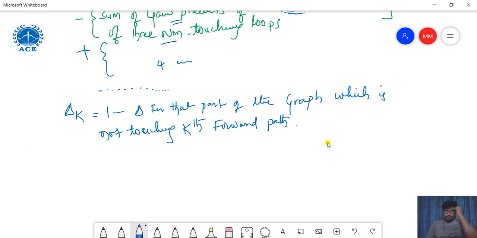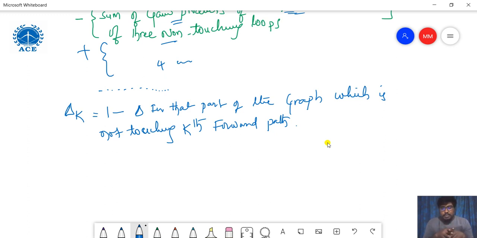Which means what? Suppose I have a path, for example. If any loops are not touching that particular path, we need to consider them in delta k. Right? While solving the problem, we'll go through it anyway, and then you will be able to understand easily, right?